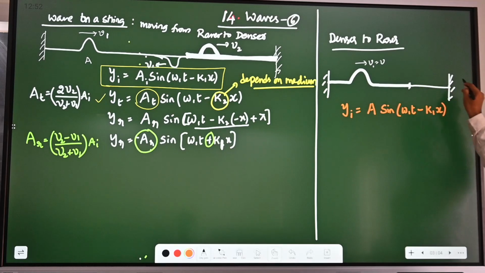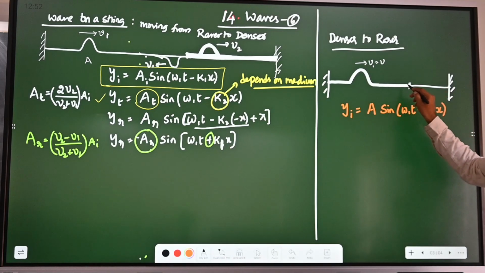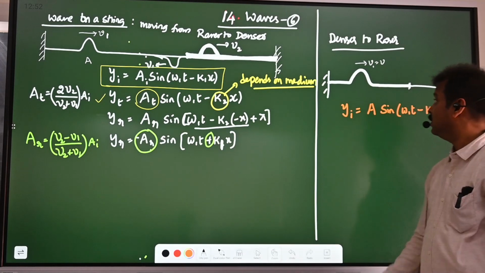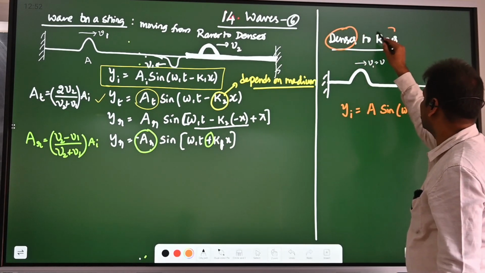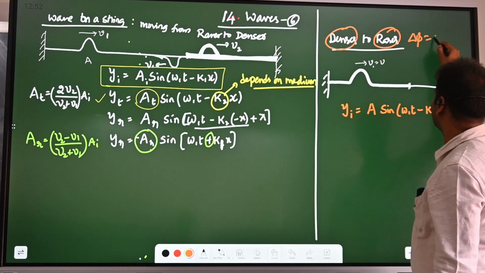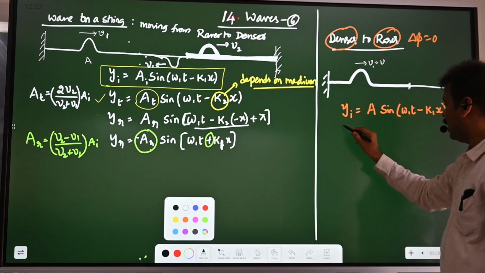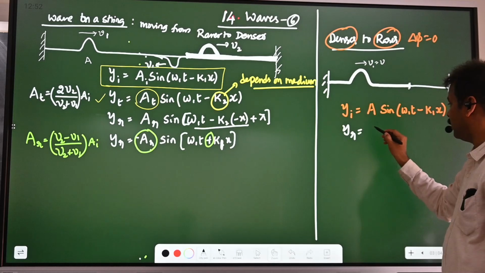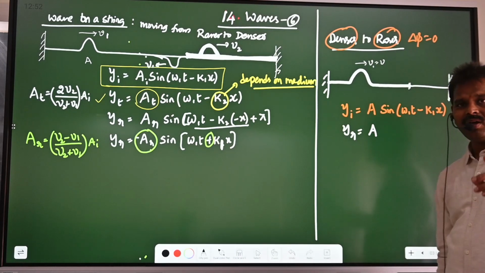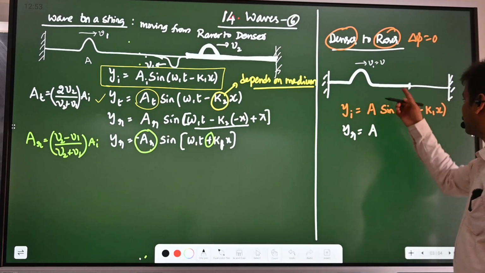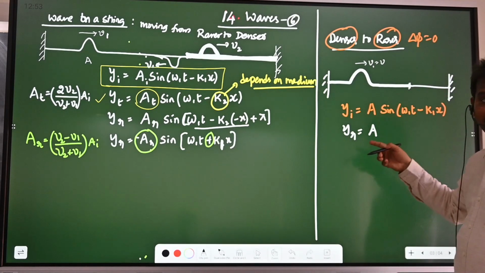Then this one will reflect back with or without phase change? Because this is denser to rarer, the phase change will be 0. So what can we write now? Y reflected. How much is it? Is it the same or different? It all depends upon these velocities. So I cannot write A here.